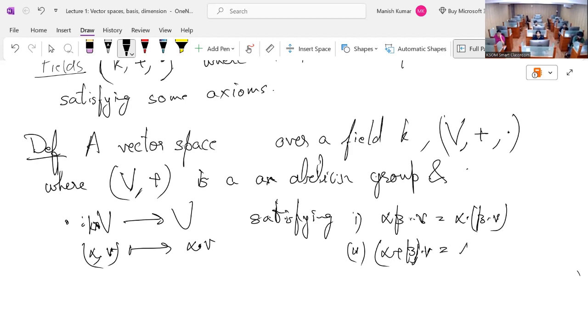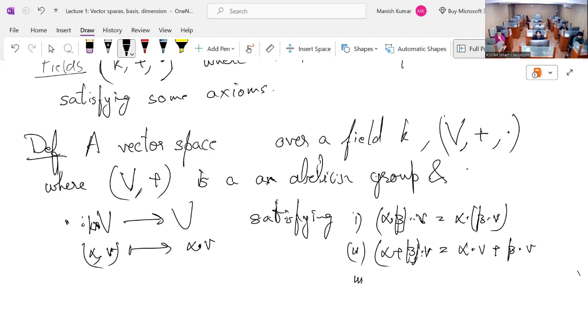So alpha dot v plus beta dot v. This is multiplication of a scalar on a vector. Here, alpha dot beta is multiplication in the field, and here the addition is in the field, while on the right hand side the addition is in the vector space.